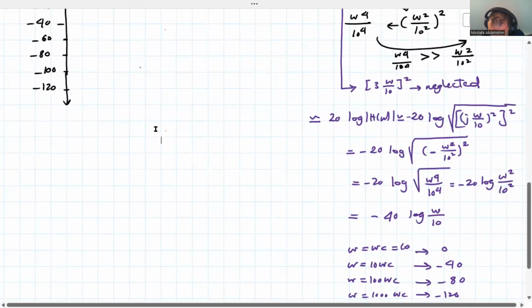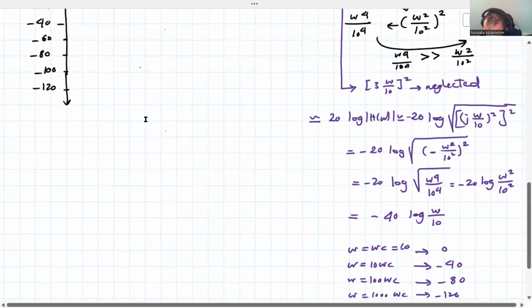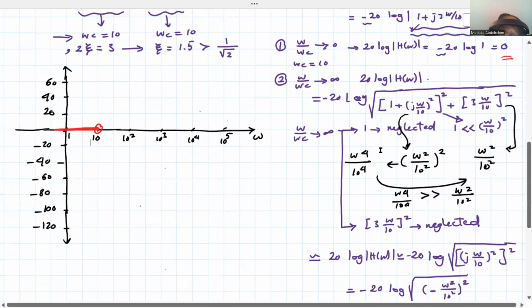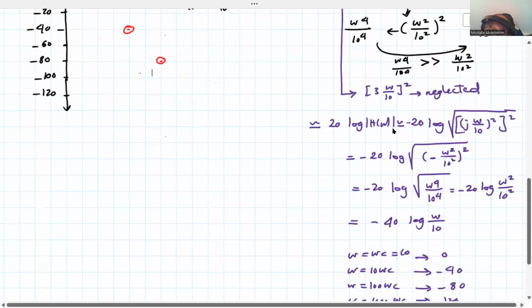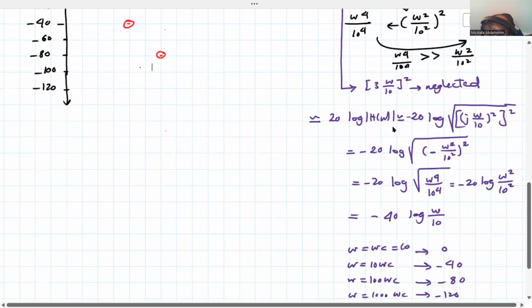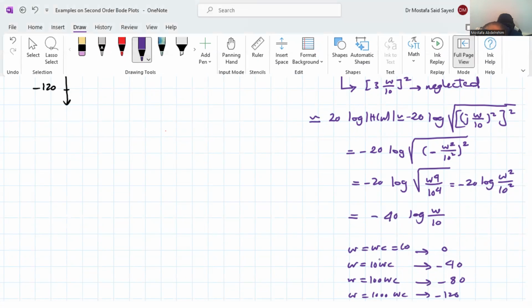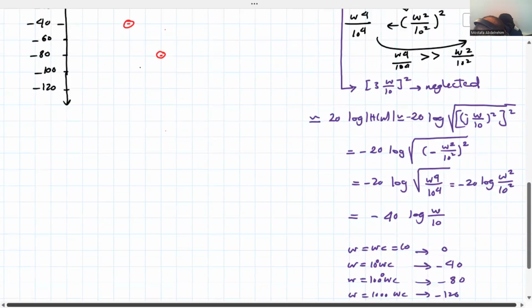Okay, so at omega c we have 0. At 10 omega c we have minus 40. At 100 omega c we have minus 80. Sorry, this is 100 omega c, 1000 omega c, 10,000 omega c.